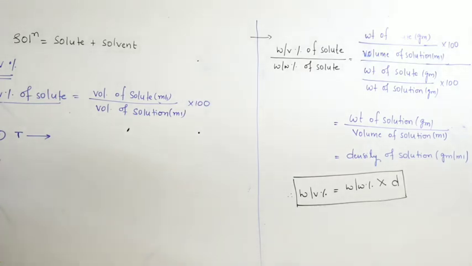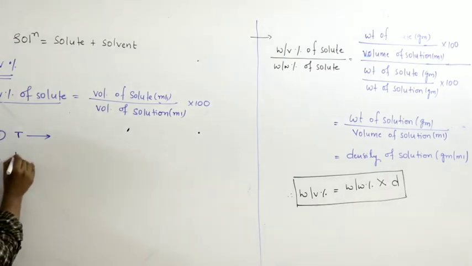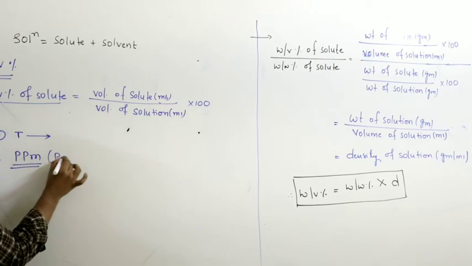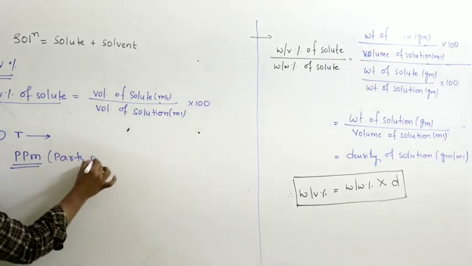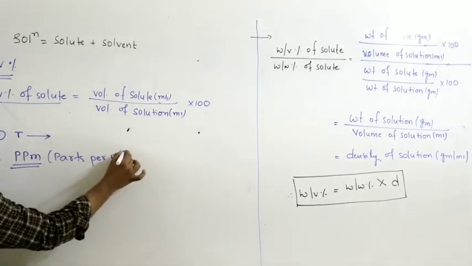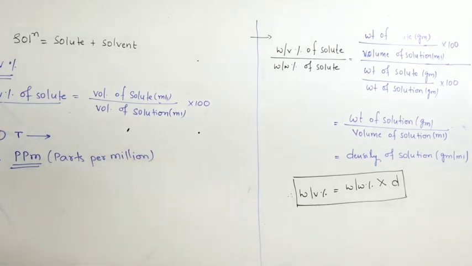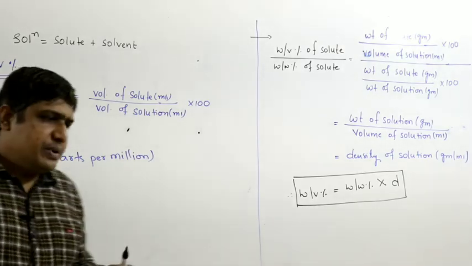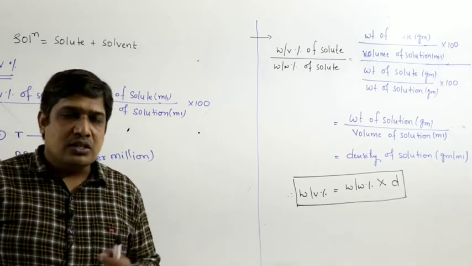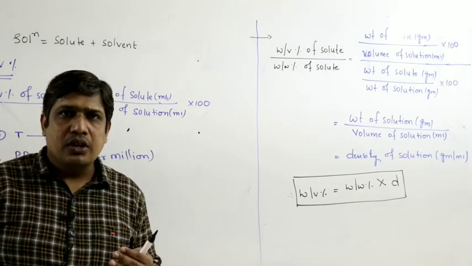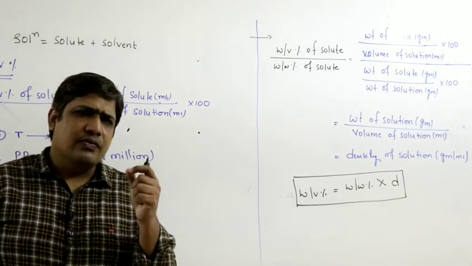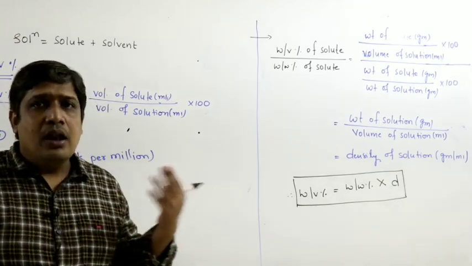The next concentration method is ppm, parts per million. We use this method to express very dilute solutions, where the amount of solute is very small, negligible.